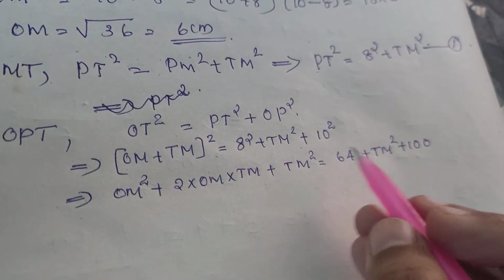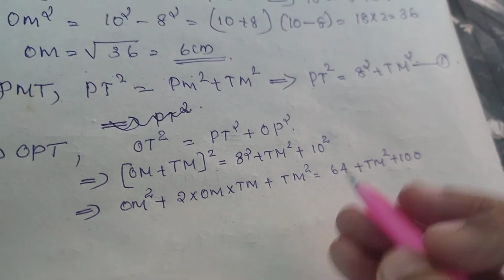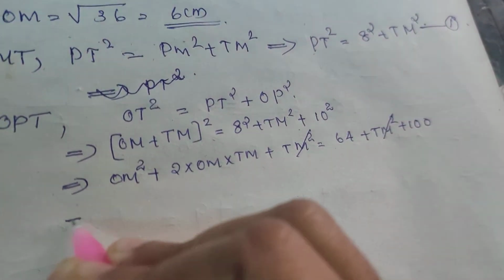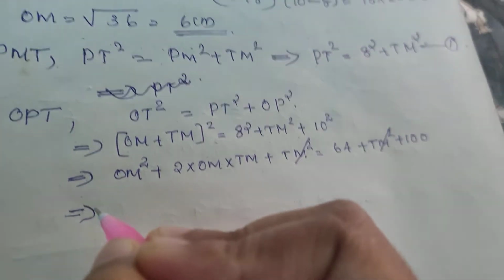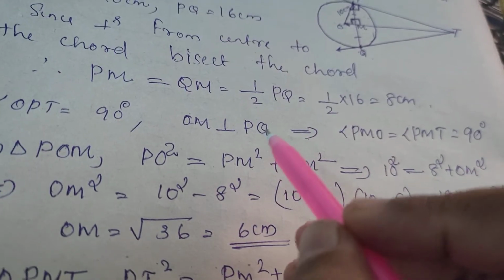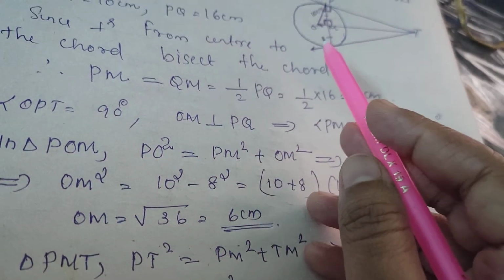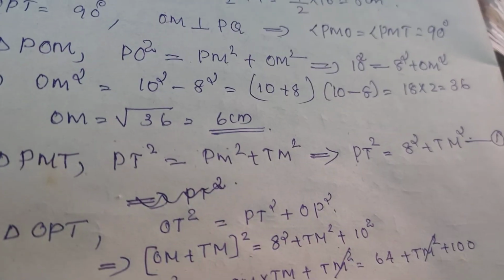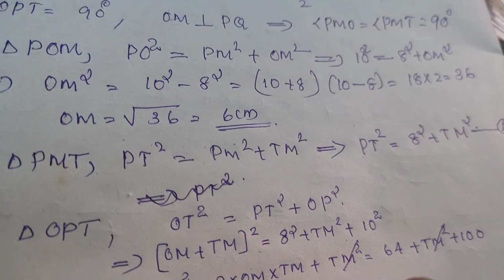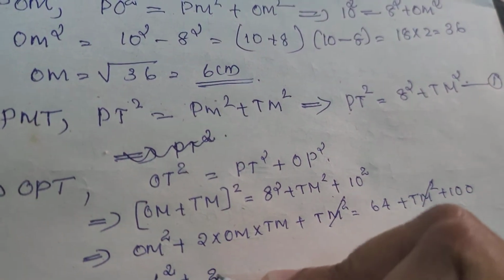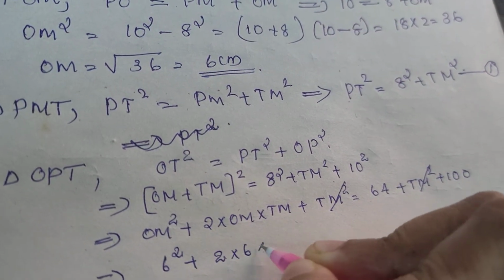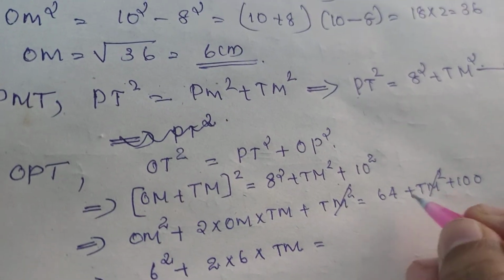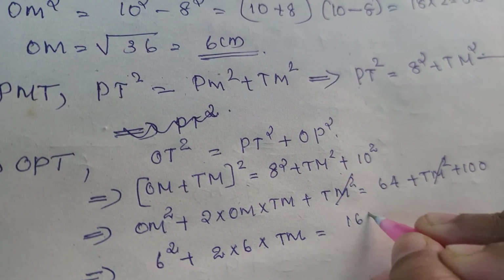On both sides TM square is present, so we directly cancel TM square. Then next we replace some measures. From the figure we get the value of OM as 6. So replace OM with 6: 6 square plus 2 into 6 into TM is equal to 64 plus 100 is 164.